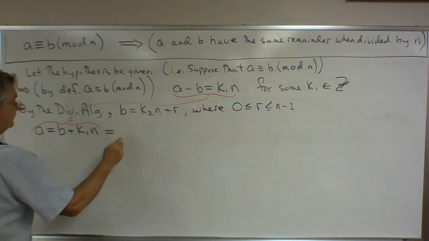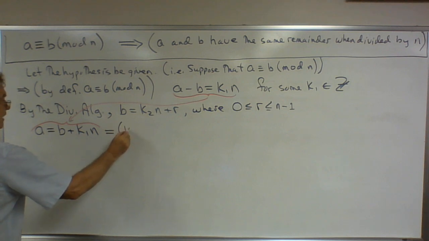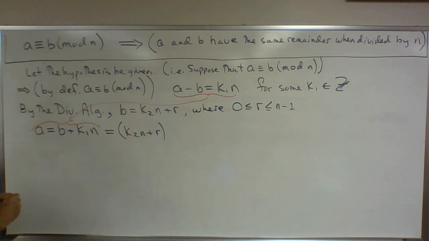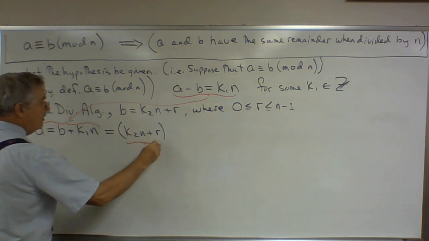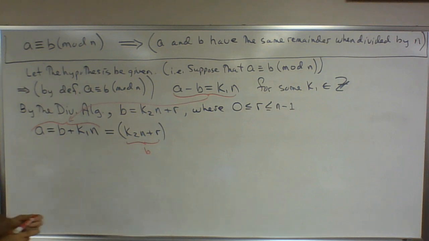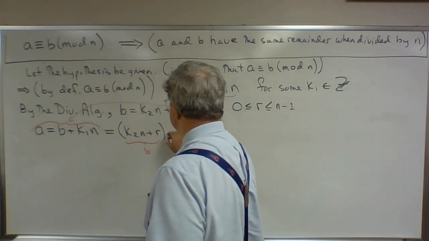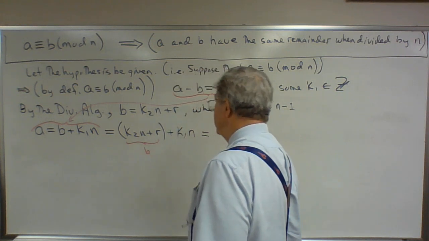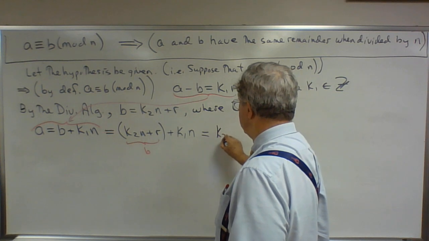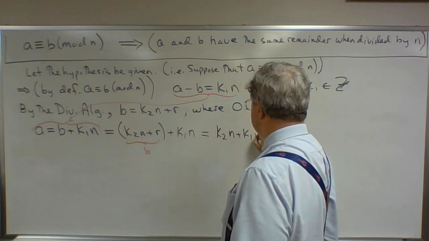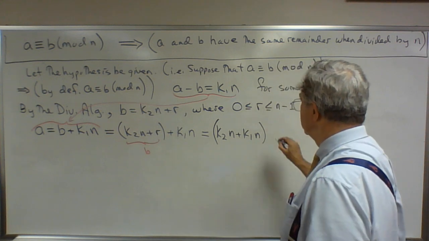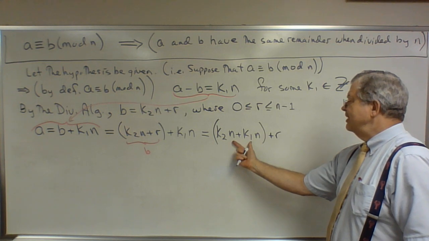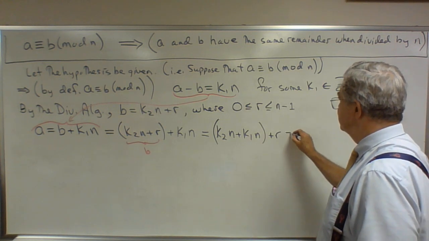It's K2N plus R. So that's K2N plus R, that's B, plus K1N. And I'll reorganize things a little bit. And we look at this term, and son of a gun, it's got a common factor of N.